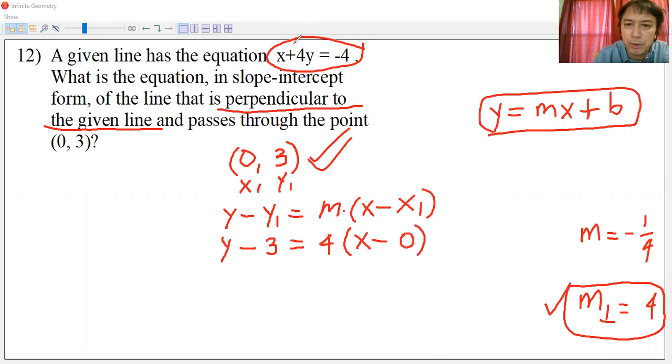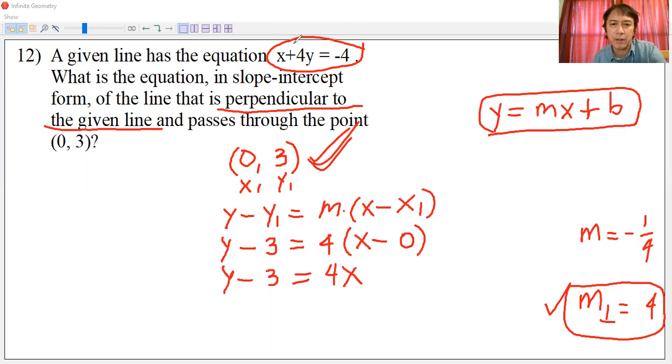Now just simplify it. On the right side, we distribute the 4, so this is 4x, and 4 times 0 is just 0, so we don't have to write it. The left side is still y minus 3.